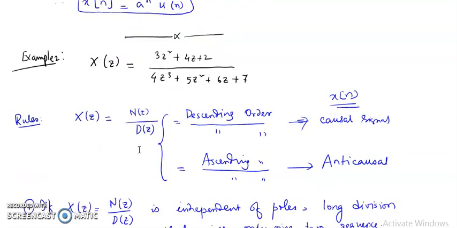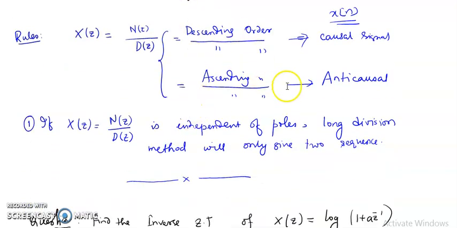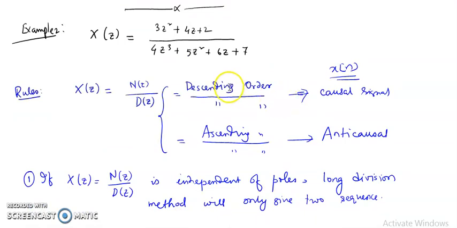Next, if you want to find a causal signal in time domain, then you have to rearrange this z expression, the z terms, in descending order of their power, like this. And if you arrange them in ascending order, then you will get an anti-causal signal.